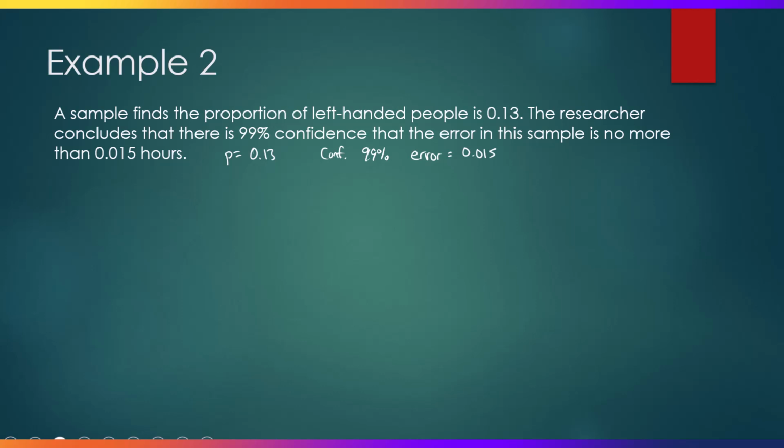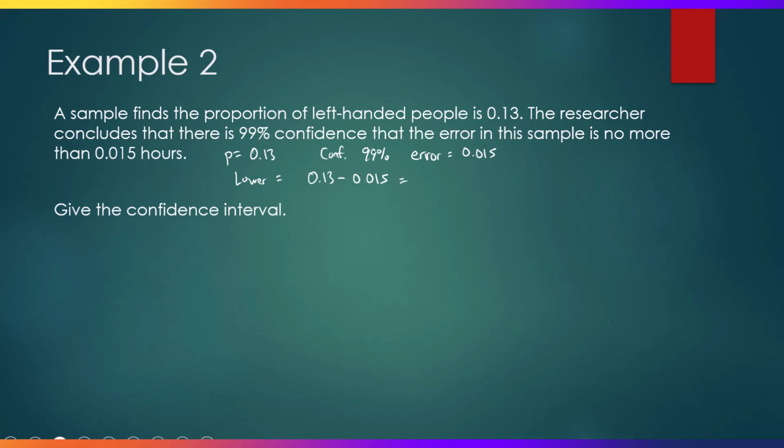Definitely a typo. But going back here, giving ourselves a confidence interval, we're going to take the proportion, 0.13, and subtract the error, 0.015. It's actually 13 hundredths, or 0.13, instead of 0.013.